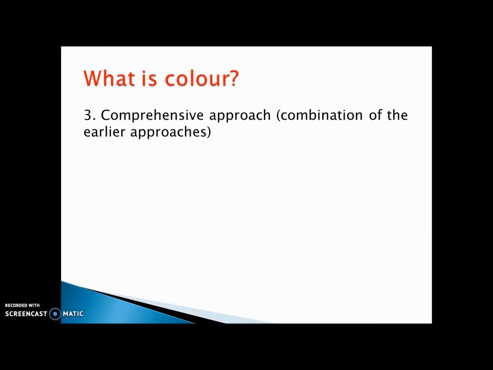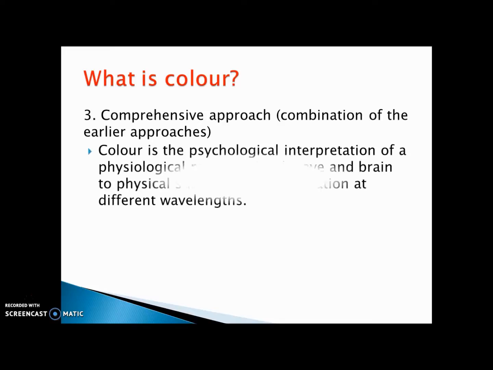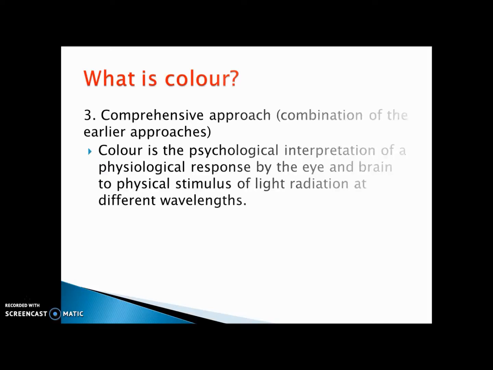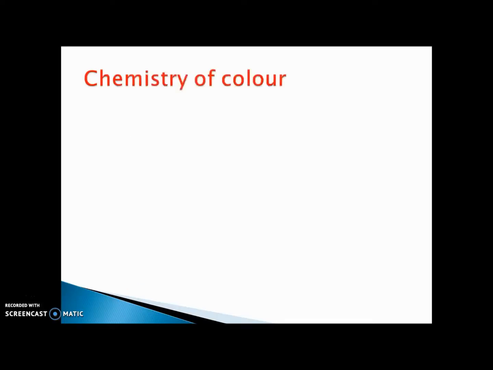The third approach for the definition is the comprehensive approach, which combines the two earlier approaches. Color is defined here as the psychological interpretation of a physiological response by the eye and brain to physical stimulus of light radiation at different wavelengths.